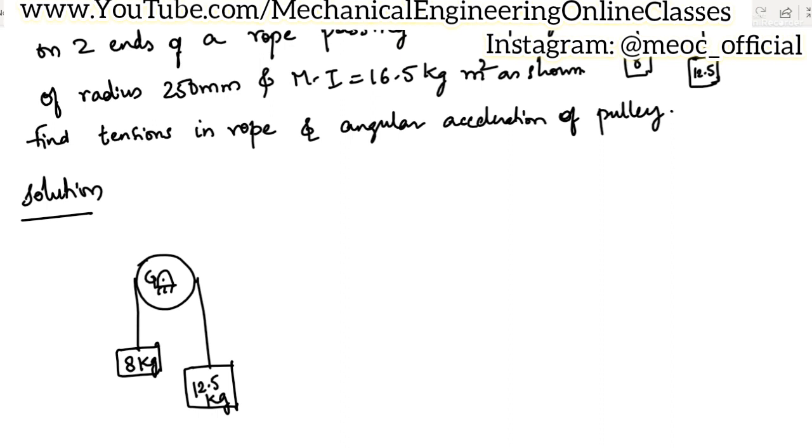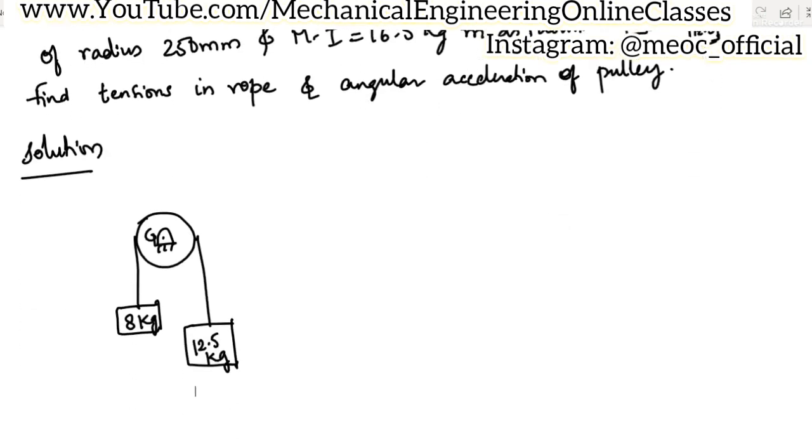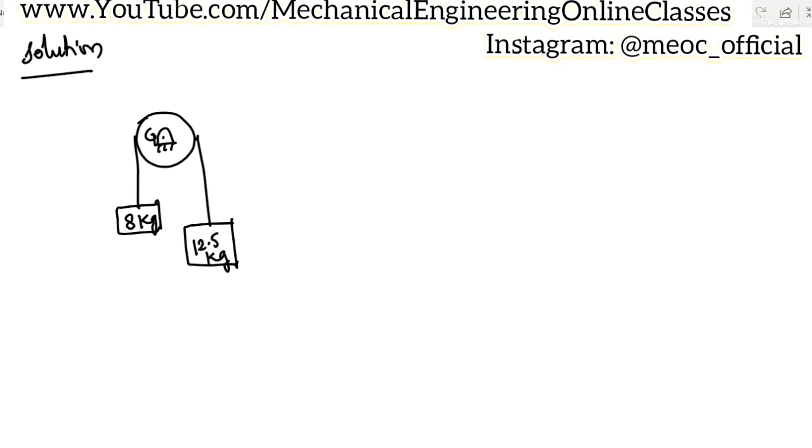The second thing is we have to find the kinematic relation between these objects. Nothing about alpha or its direction is mentioned, but we have to find. Now if we see how the system is, this is 8 kg, and this is 12.5 kg. It's obvious that because 12.5 kg is greater than 8 kg, this will slide down, and because the 8 kilogram and 12.5 kilogram are attached to the same rope, as the 12.5 kg block comes down, the 8 kg block will move up.